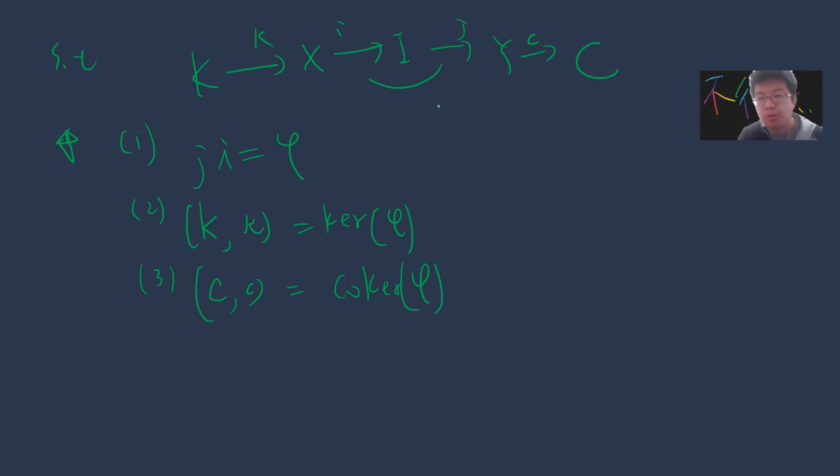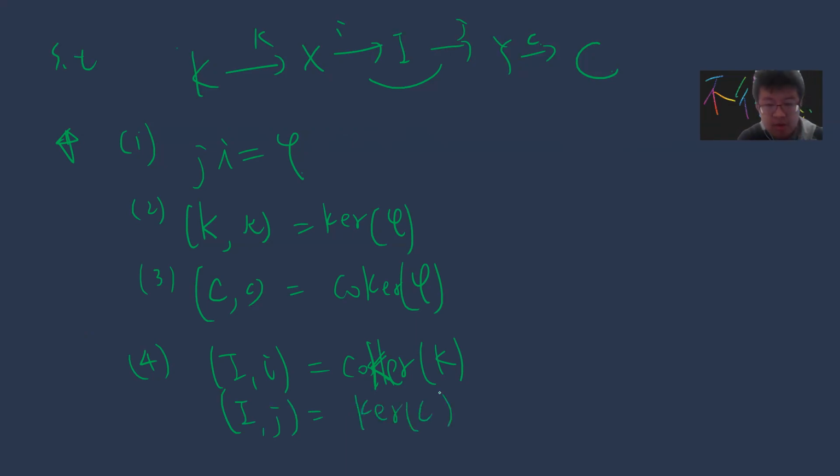You can think of this as still being the Abelian group. If you use the group isomorphism theorem, the fourth fact is that I will be the co-kernel of kappa, and this pair IJ will be the kernel of c. This is a very tricky idea. Let me explain later.